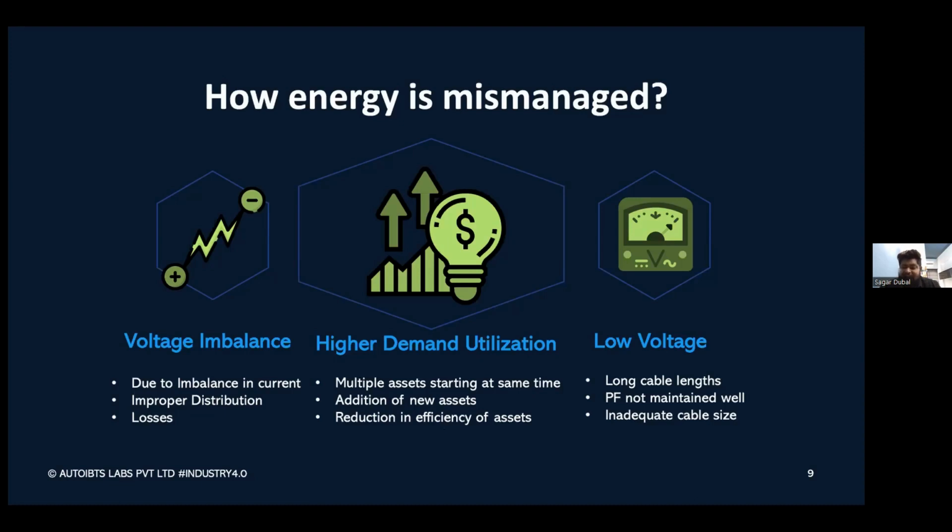If it does, there are chances of failure. If your demand is increasing beyond your contract demand, then you will again get fines and duties. So that is also one way in which you can reduce your electricity bill.